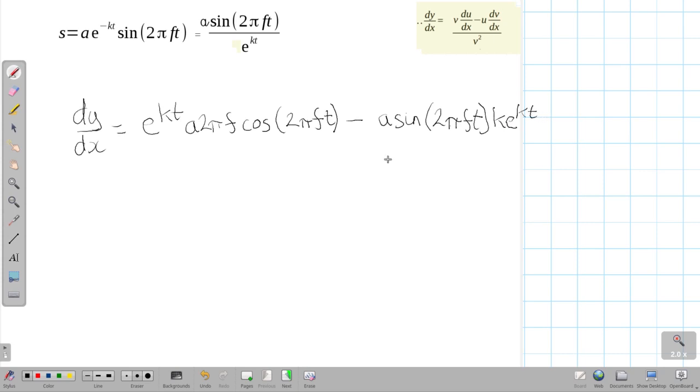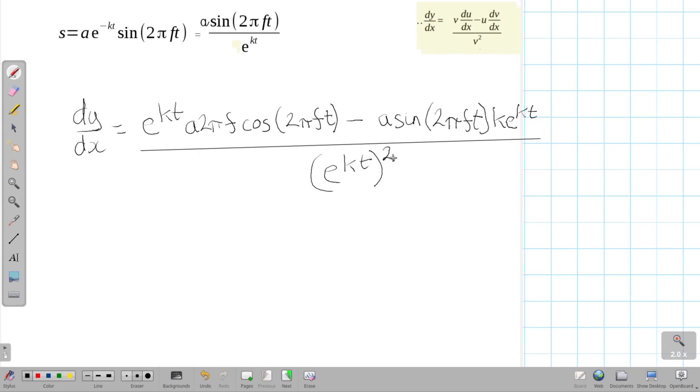Okay, then all that is divided by, a bit lopsided, but it'll do, v squared. So that's e to the kt, and all that's squared.